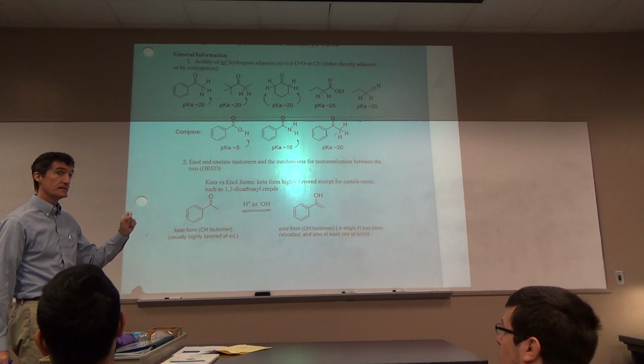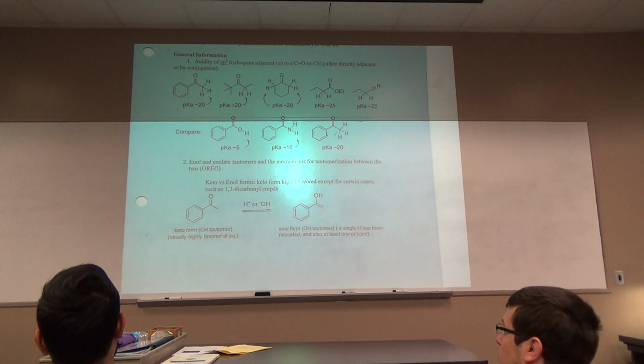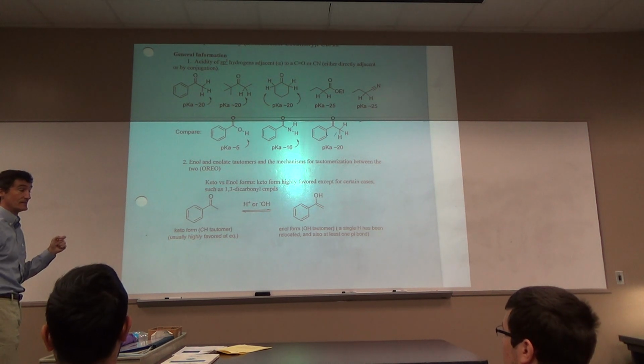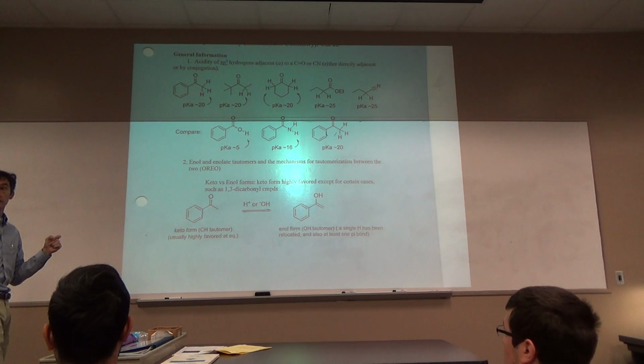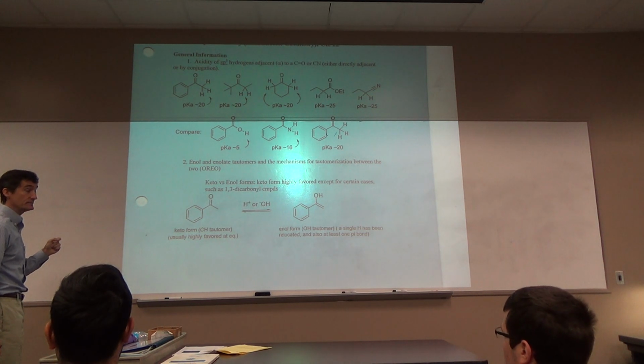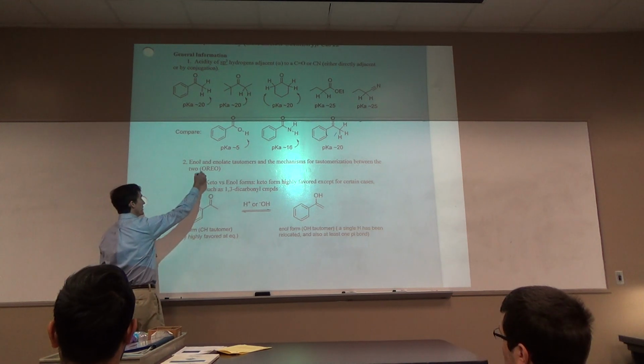Hydrating an alkyne gives an enol, and the enol undergoes tautomerization to give the keto. We did that back in organic 1. And we actually did a lab where we hydrated an alkyne. So we introduced enols back then, and tautomerization. Let's review that.